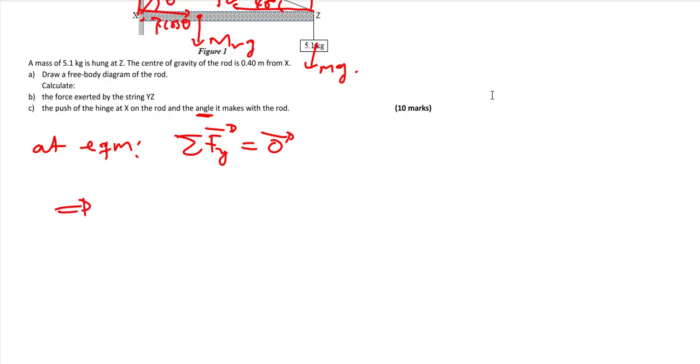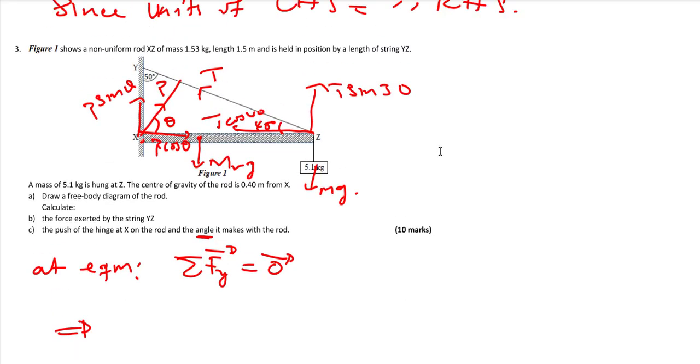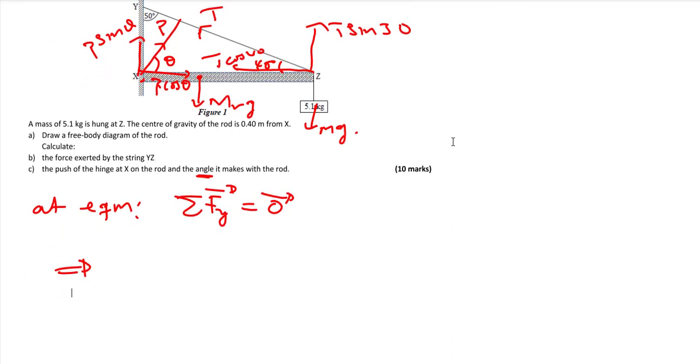Now let's sum these forces. We have T which goes up, P sine theta which goes up, the weight of the rod which goes down, and the weight of the mass which goes down. So the upward forces will be P sine theta plus T sine 30. This will be equal to, what do we have?